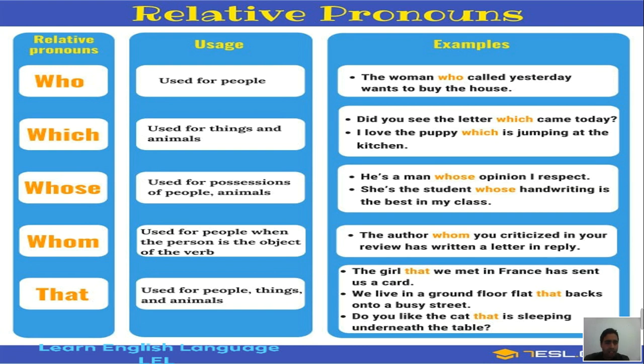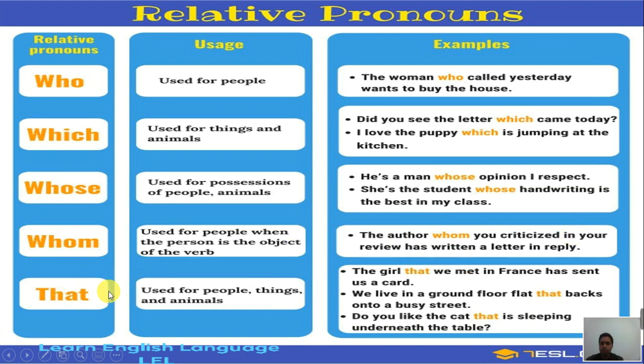Normally the sentence should be like this: you criticized the author. So you is the subject, criticized is the verb, the author is the object, and whom refers back to the author. So that's why we used whom instead of who. So whom here refers back to the author, and the author is the object of this sentence.